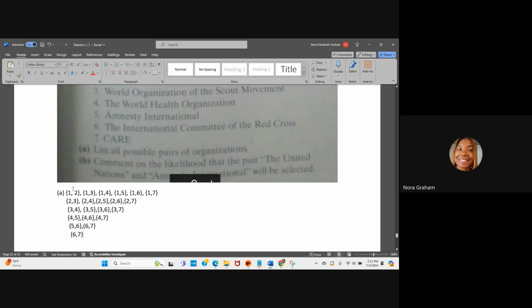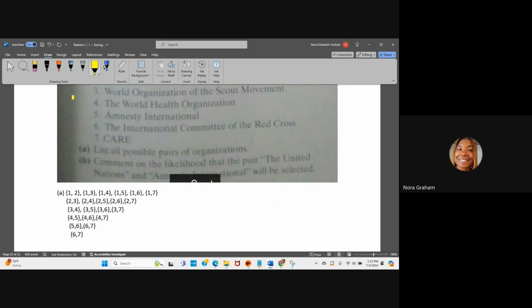All right. So now for B, I believe they want us to find the likelihood that the pair, the United Nations and I believe the Amnesty International, is chosen. If we look at all of our combinations, that one's going to be 1 and 5, I believe. So we want to find the likelihood of that happening. The likelihood is just going to be that one combination over how many combinations I have in total.